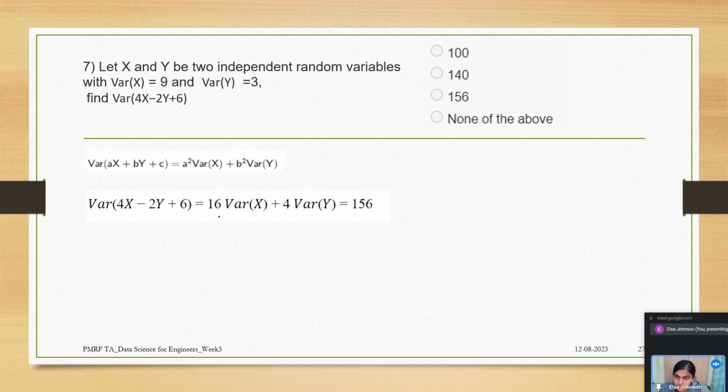In that case, you can write it as 4 square into variance of x plus 2 square into variance of y. That is why it is 16 variance of x plus 4 variance of y. If you calculate that, you will get the answer as 156. I hope that is clear.